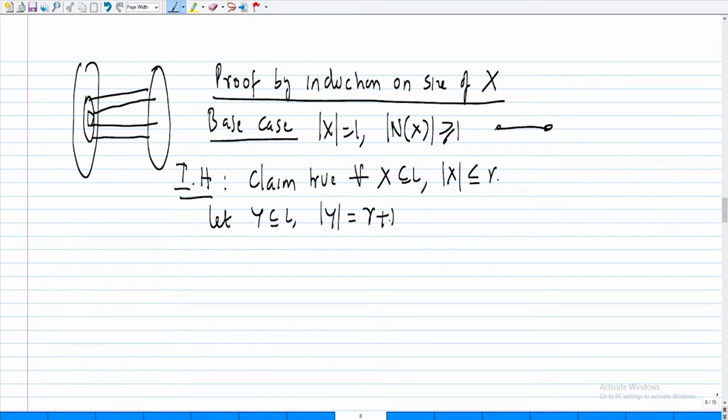What do we know? We know that the cardinality of N of Y is greater than or equal to the cardinality of Y, which is equal to R plus 1.